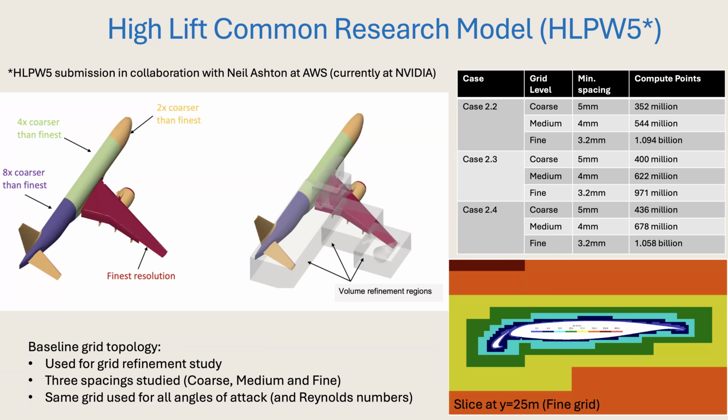I mean, he ran this coarse grid simulation that's 5 millimeter minimum distance. That's for case 2.4, that gives him like 436 million grid points. And the slice at y equals 25, that fine grid shows like a delta x, right?